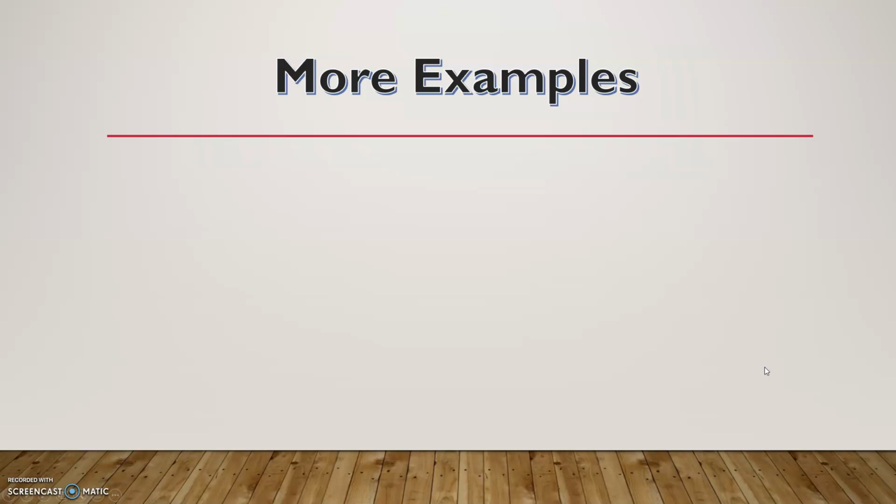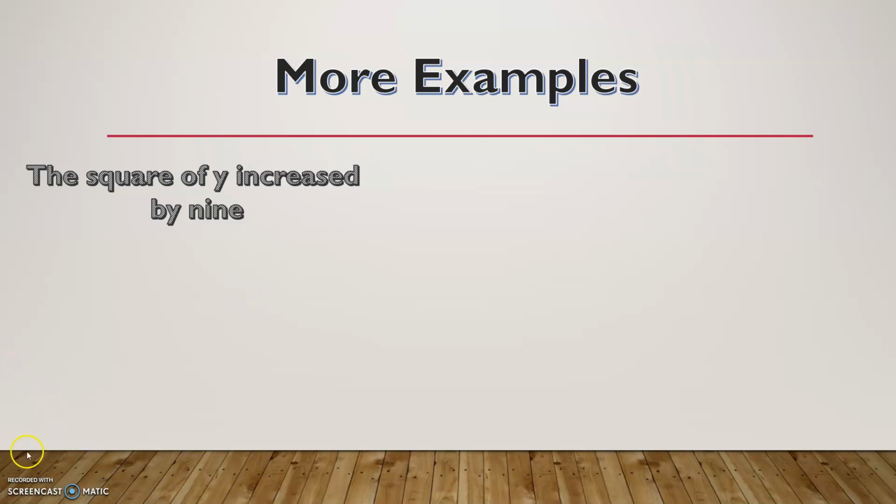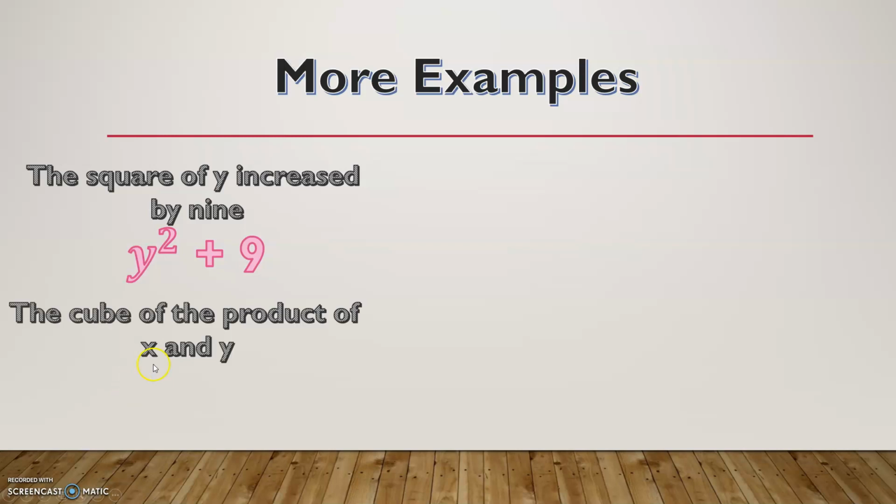Let's add more so you can get used to it. The square of y increased by 9. What do you think will be your answer here? The square of y increased by 9. That is y squared plus 9. How about this? The cube of the product of x and y.